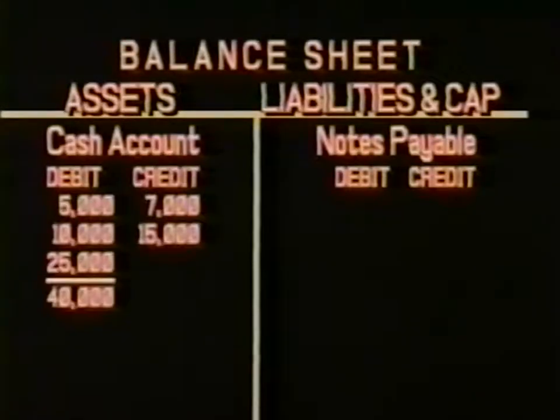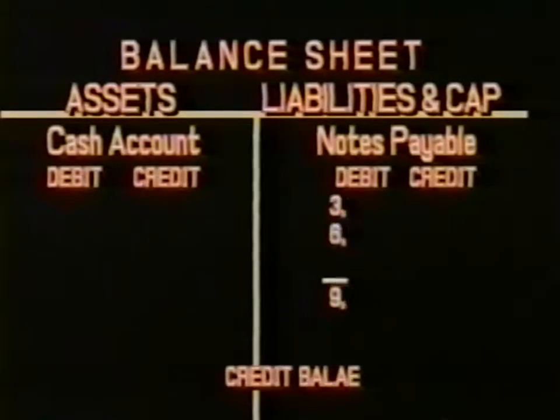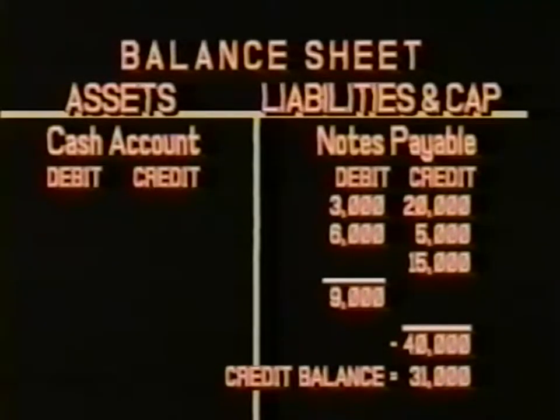We arrive at an account's balance by adding up the debits and adding up the credits and then subtracting the credits from the debits. If there are more debits than credits, the account has a debit balance. If there are more credits than debits, the account has a credit balance.